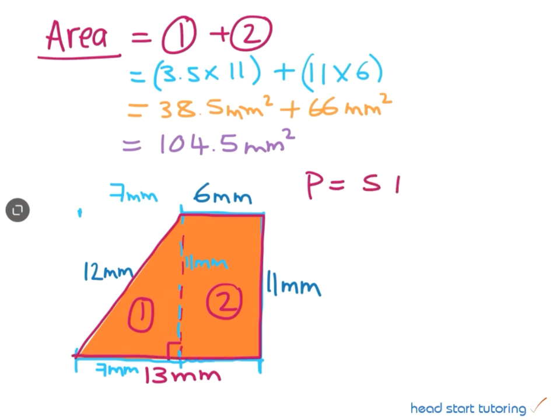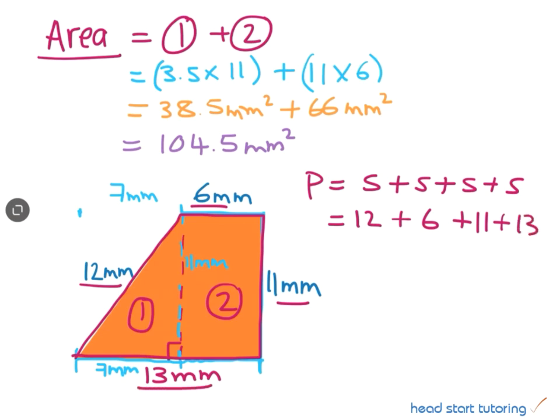So we've got side plus side plus side plus side, and that is equal to 12 plus 6 plus 11 plus 13. And if we add all those together, we end up with an answer of 42 millimeters. So the perimeter of this irregular shape is equal to 42 millimeters.